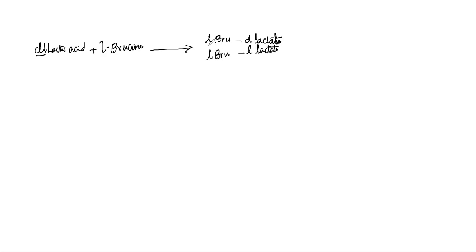Now look at this. This is a single compound, this is another single compound. So we get a mixture in a beaker. Now see here it is identical, both are L. On the other part you have one L and one D, therefore they are not mirror images. So non-superimposable. They are stereoisomers, so they are diastereomers.